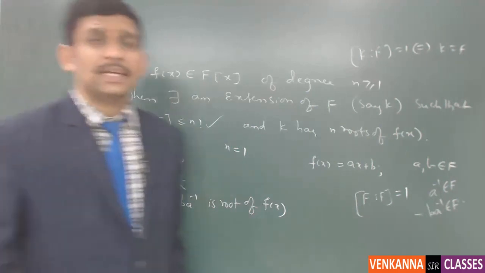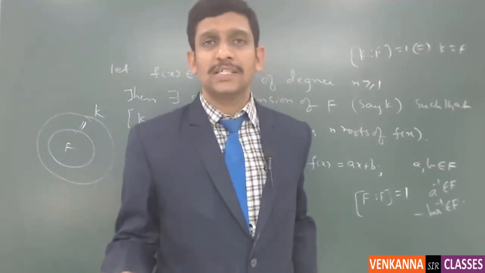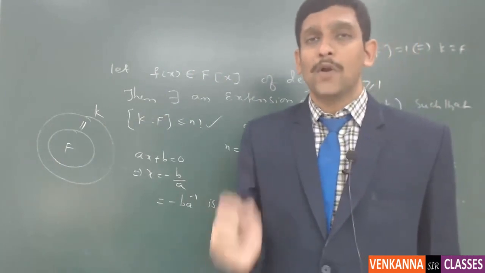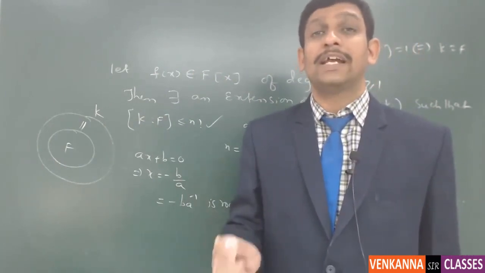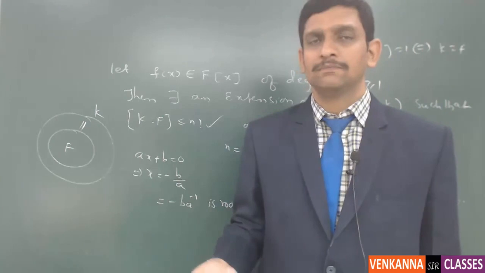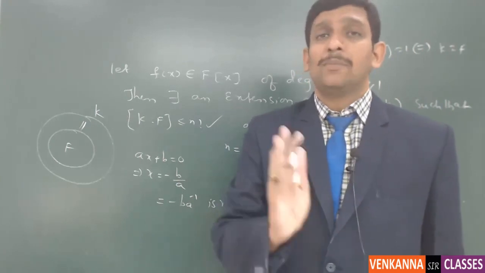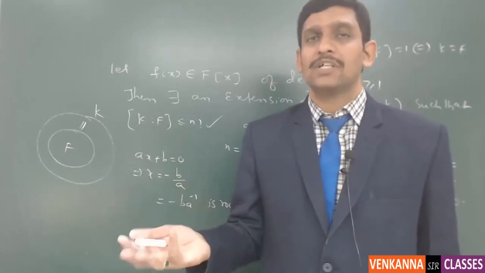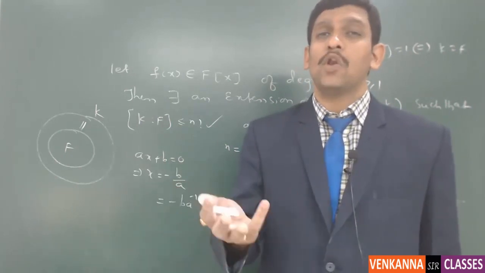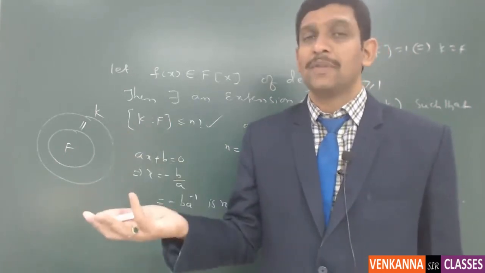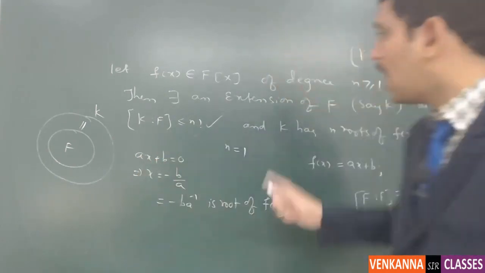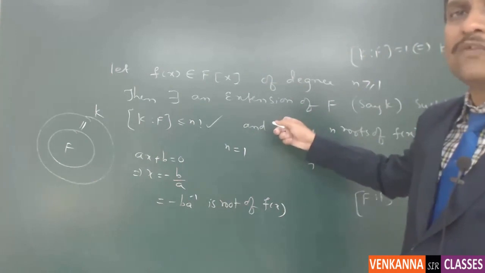Now let us take the induction hypothesis. What it means is, if you take a polynomial of degree greater than 1, then it will possess all the roots in an extension. In other words, all the roots of this polynomial will be in an extension, and I am taking the degree of the polynomial up to n, not equal to n.